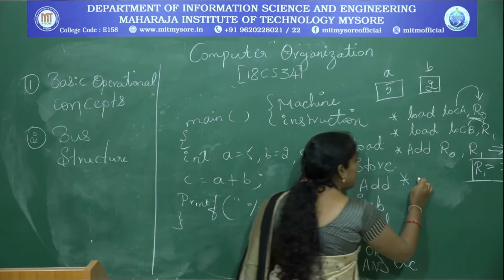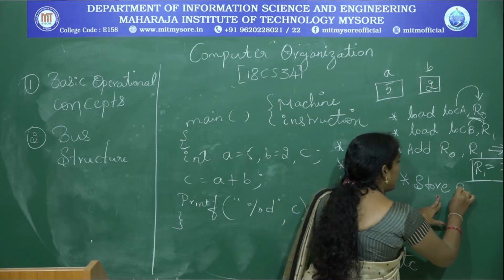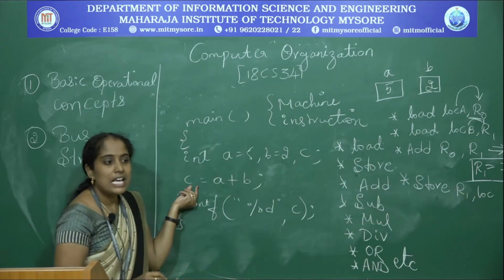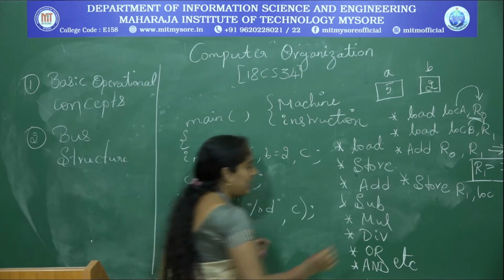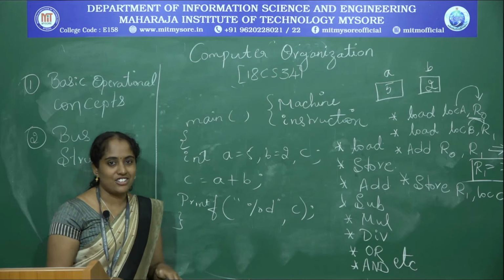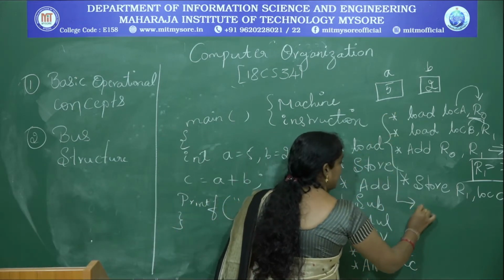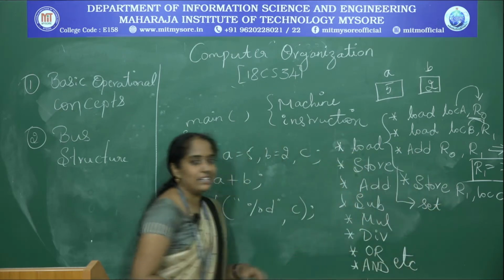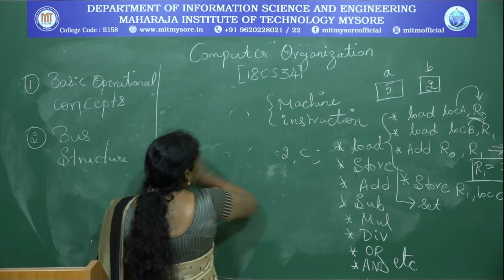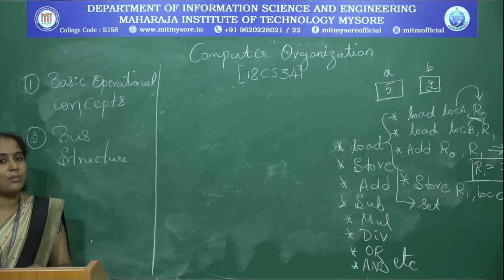So I am using the instruction store R1 comma location C, right, location C. So this is called the machine instruction set.